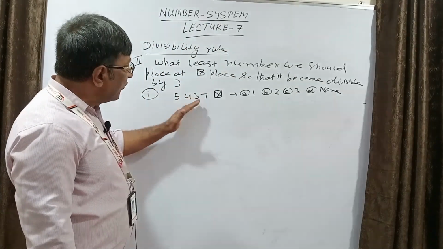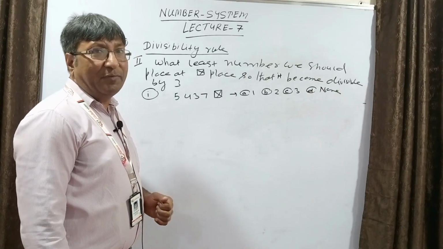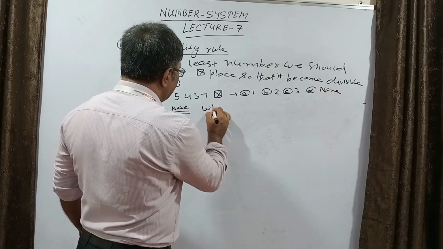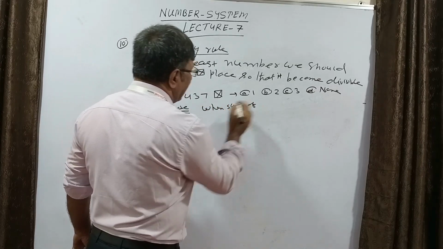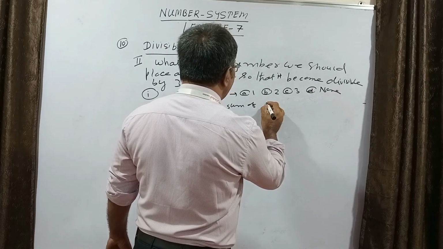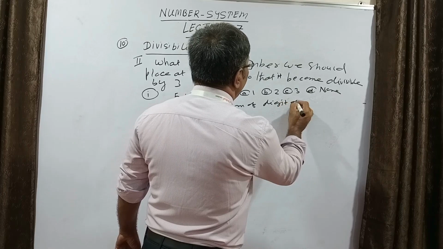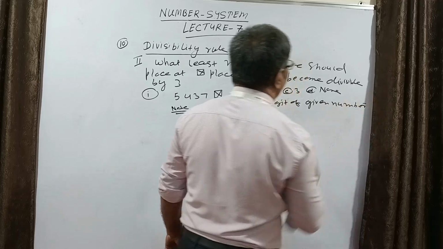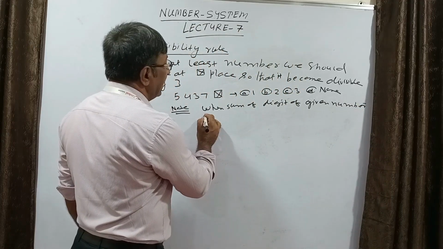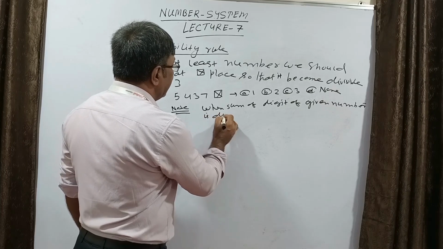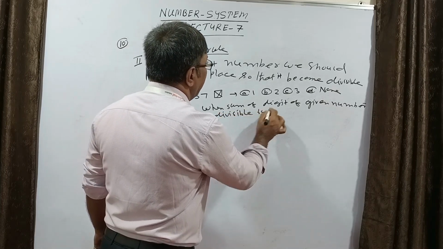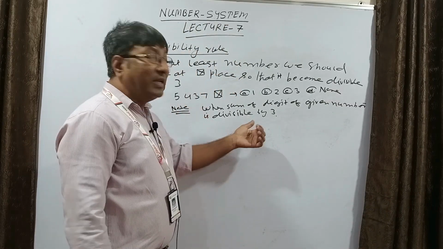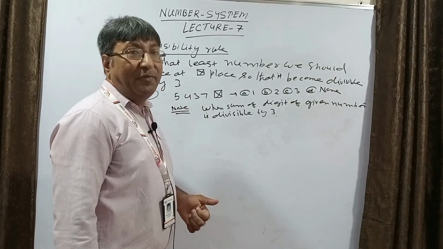So the question is 5, 4, 3, 7. What is the technique for this type of question? The technique is: when the sum of digits of the given number is divisible by 3, then the whole number will be divisible by 3.